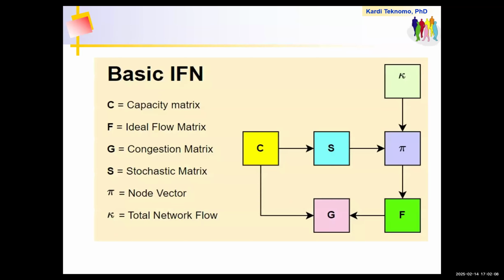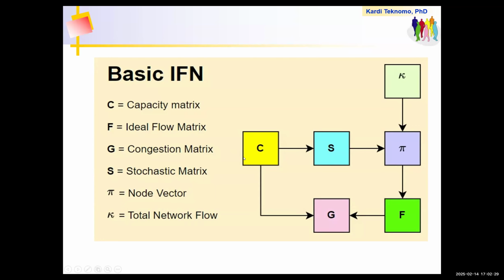This is the basic idea of ideal flow network, or IFN. You have what is called the capacity matrix here, the square matrix representing your network and its strength.